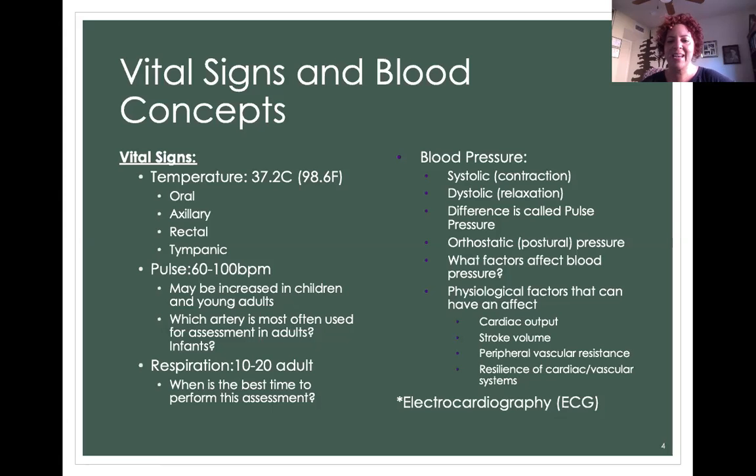Other things that can affect it are the cardiac output or the stroke volume. So here we're talking about different diseases or conditions that can affect it, physiological factors. If there's heart disease or peripheral vascular disease or vascular compromise in some way, that's definitely going to affect blood pressure too, right? And then we talked about stroke volume.